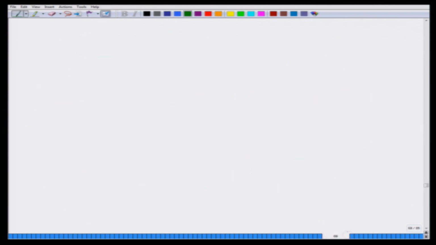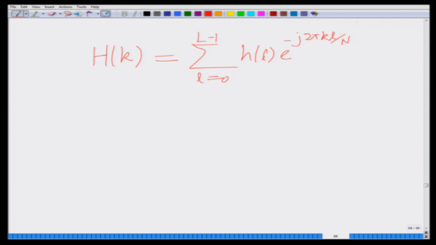And now, again, I am not going to go through the details, but if I look at the expression for H of k, each H of k is the summation over l equal to 0 to capital L minus 1 of h of l e to the power of minus j 2 pi k l by N. Each h l is complex Gaussian, which means it follows that H k, which is a linear combination of these small h l, is also complex Gaussian.